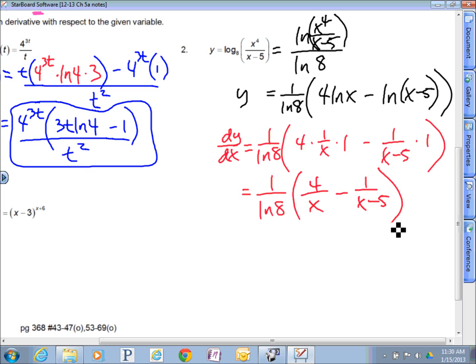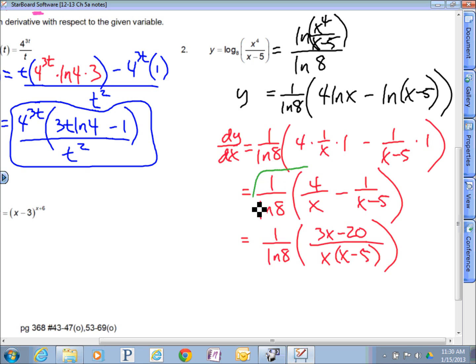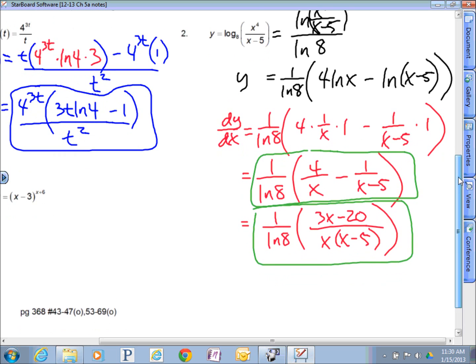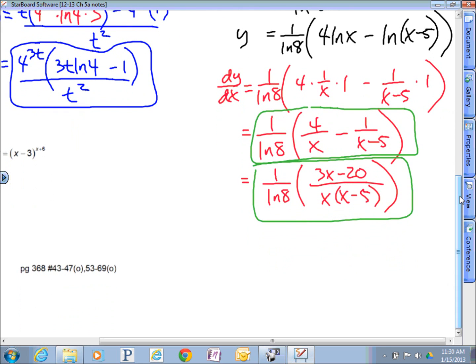If you wanted the common denominator, I'll write it that way: 1 over natural log of 8 times the quantity 3x minus 20 over x times the quantity x minus 5. So a couple ways you could go. There's nothing wrong with either of those potential solutions. They're both adequate. What will be the standardized test answer? I don't know. Probably common denominator, but it may not be.